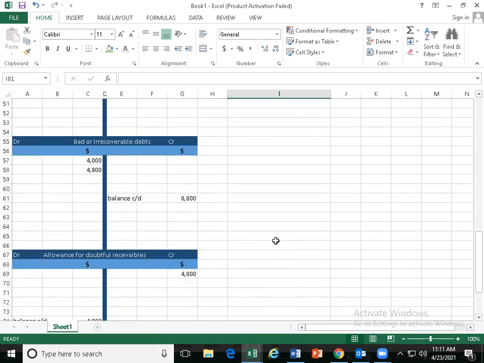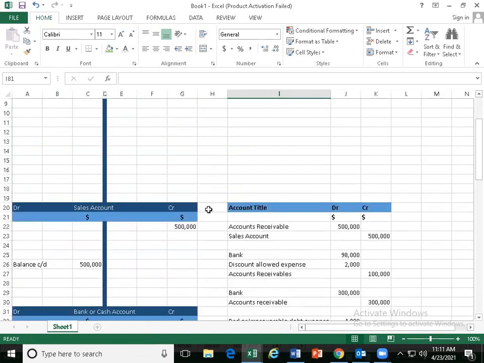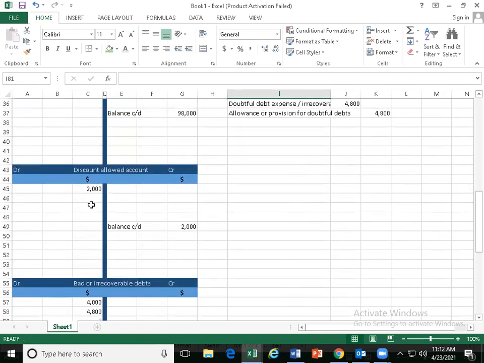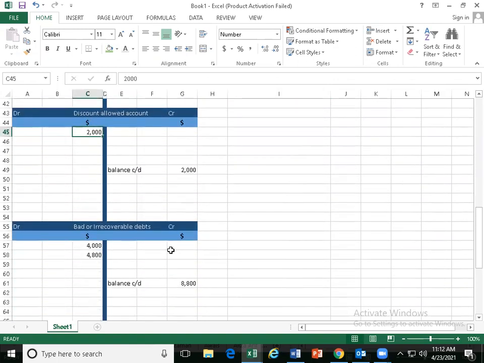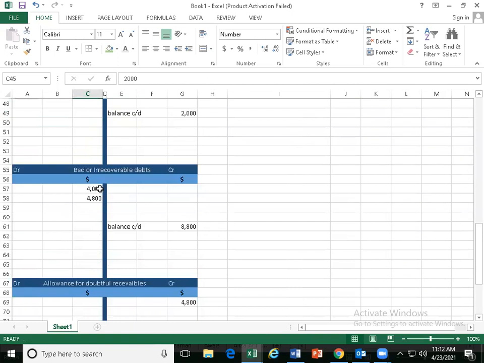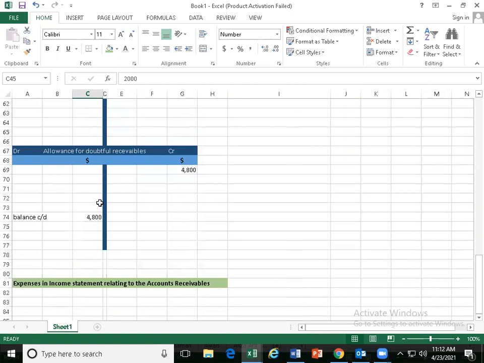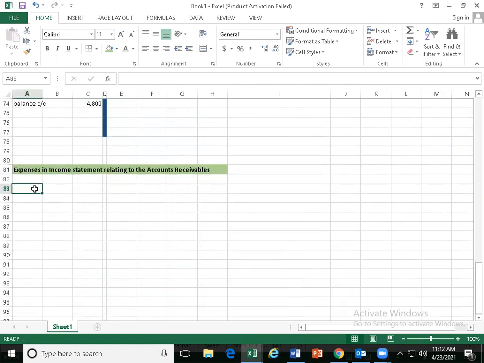For example, discount allowed, so 2,000 discount, then 8,800 bad or irrecoverable debts. So these are going to go into the income statement after the gross profit. So once we have calculated the sales minus cost of goods sold equals gross profit. Then after the gross profit, in the expenses section, we will list down these expenses separately.